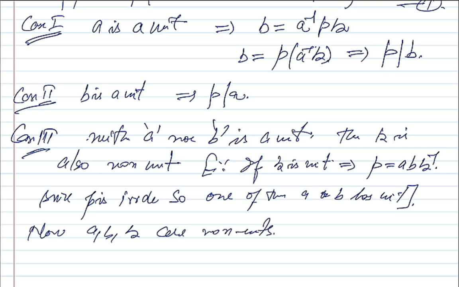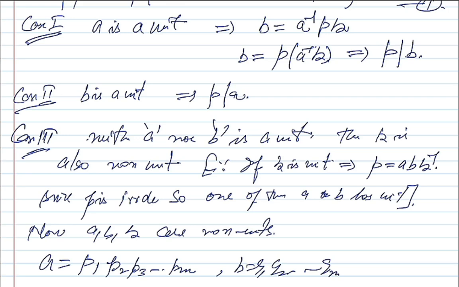So we are in a UFD, therefore every element can be written as a product of irreducibles: A is P1, P2, P3 up to Pm. Write B as Q1, Q2 up to Qn, and write K as R1, R2 up to Rt, where the Pi's, Qj's and Ri's are irreducibles.